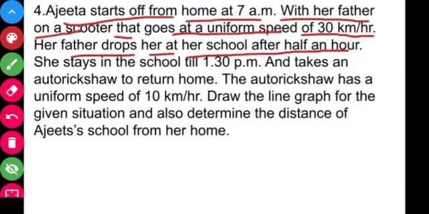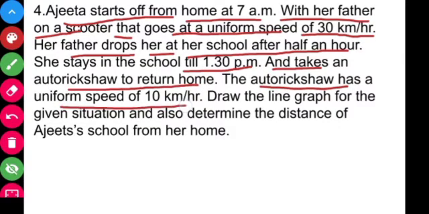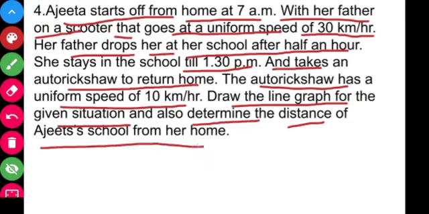She stays in school till 1:30 p.m. and takes an auto rickshaw to return home. The auto rickshaw has a uniform speed of 10 km/h. Draw a line graph for the given situation and also determine the distance of Ajita's school from her home.